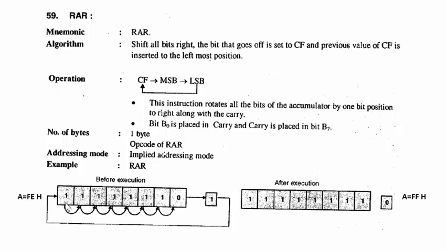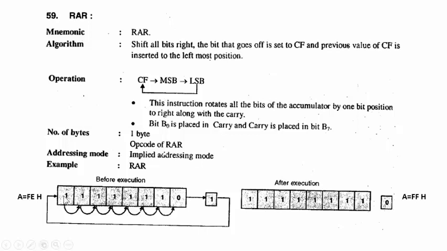So here the bit which is available in the least significant location, D0, goes into the carry flag bit, and the bit which is available in the carry flag bit goes to the D7 location.